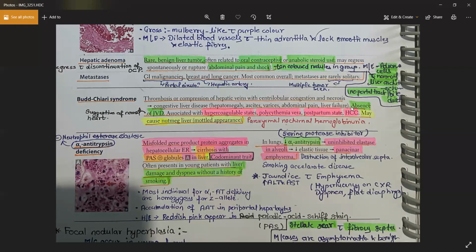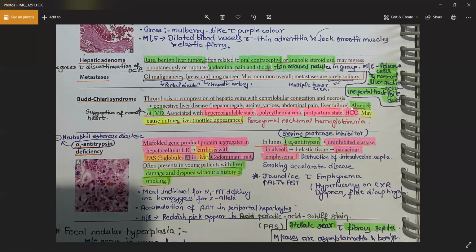Okay, then comes alpha-1 antitrypsin deficiency. Alpha-1 antitrypsin is basically a protein. It is a glycoprotein first of all, which means it would be PAS positive if you stain it, right? It is synthesized in the liver, and it will reach your lungs. In the lungs, the function of alpha-1 antitrypsin is to inhibit elastase, so that it could prevent the destruction of elastin in the lungs, because you guys know that lungs are a highly elastic tissue.